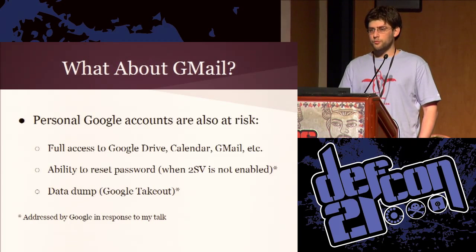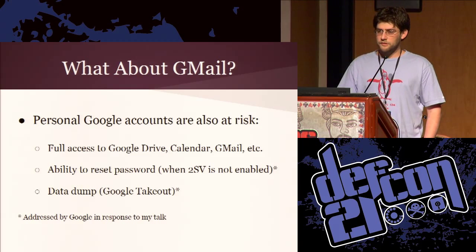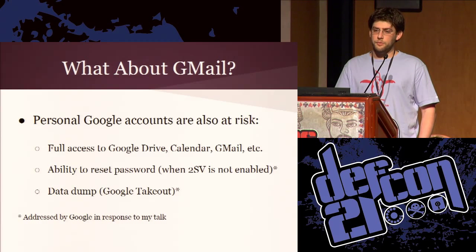So also regular Google accounts are subject to some vulnerabilities from this as well, or some exposure I should say. If you are just a regular Gmail user and your phone is compromised such that somebody has your WebLogin token, they then have full access to your Google Drive, your calendar, your Gmail, and Voice, whatever other services you might have enabled. Initially, when I started looking at this, you could also reset the user's password just by having this WebLogin token.